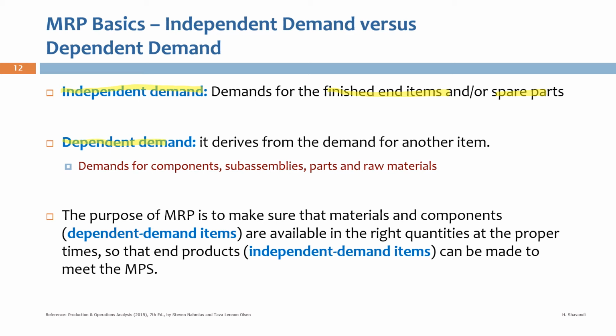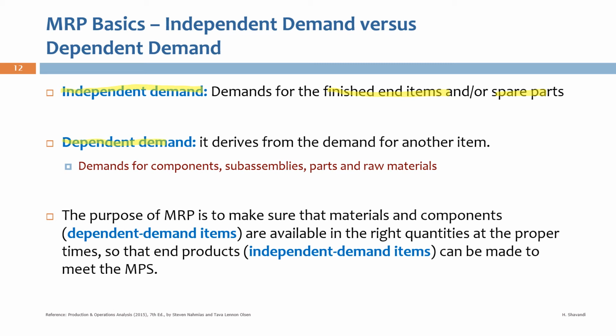Since the demand of the end item is independent, the demand for the material and subcomponents will be a function of the predicted demand, right? Because of that, we call the demand of material and subcomponents dependent demand.